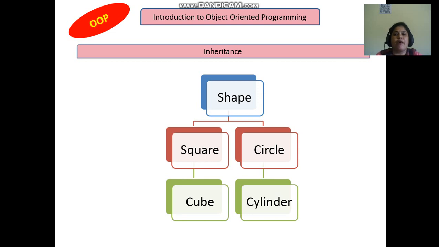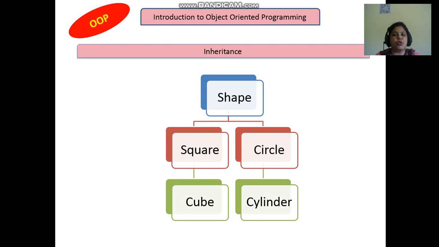So when you are having such things which have a common thing, you make the property of inheritance. That is, square is acquiring certain properties of shape, that it is having a certain shape but it is having 4 corners, while circle is also having the common property of a shape but it is having no boundaries. This is having its own extra data.